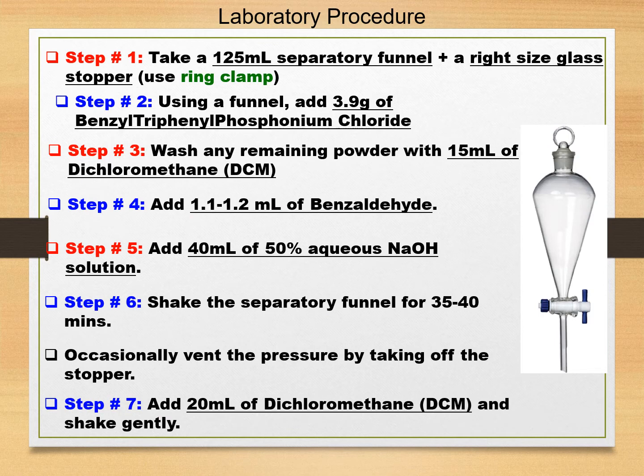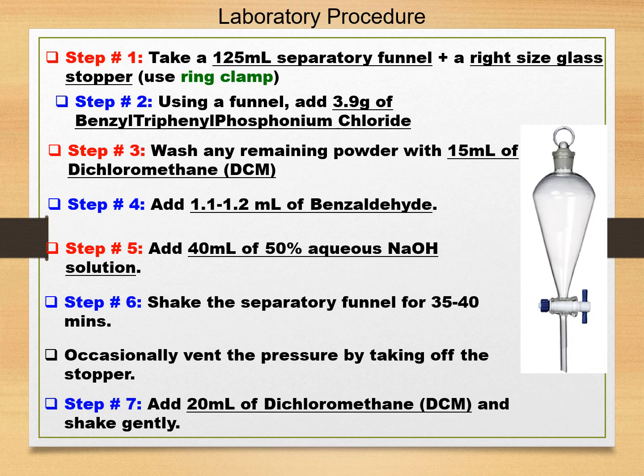So the first step for the practical task is to have a dry clean separatory funnel, with a right size stopper and a ring clamp, which we will be using to allow the separatory funnel to stand so that we will have layers.